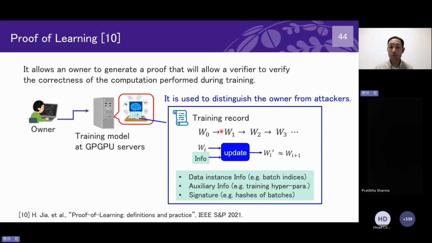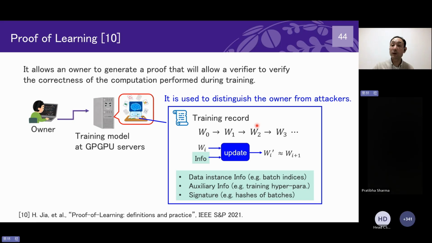So the training record is stored. Using the training record, so this is the original model, the model from scratch. Then it is updated at the first epoch, then the second epoch, third epoch. So the model weight parameters are updated at each epoch.